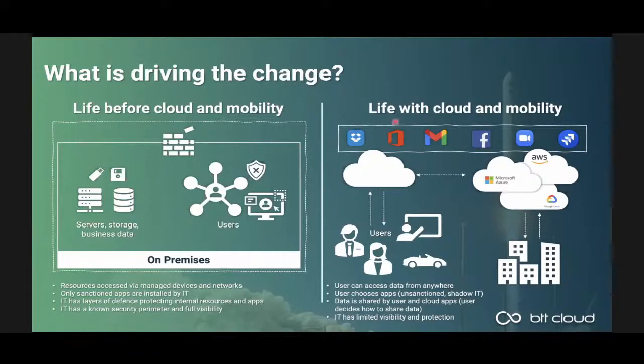When we have nowadays the organizations living with the cloud and mobility, one of the examples now in the COVID situation, everybody or most of us are working from home. So basically, you can imagine that this perimeter of organization disappeared.